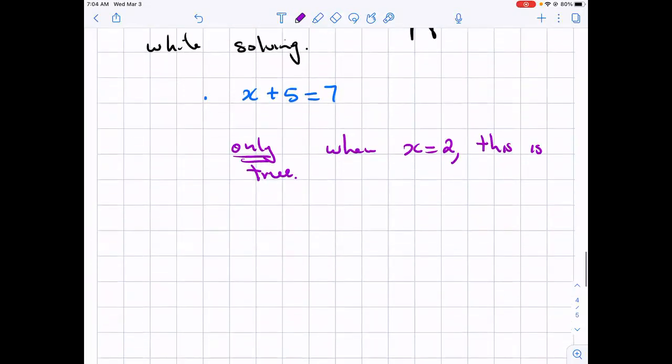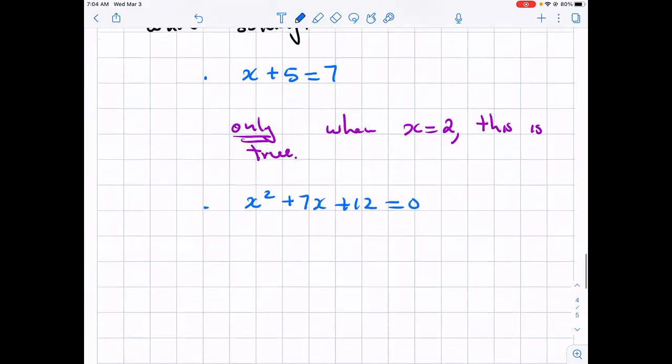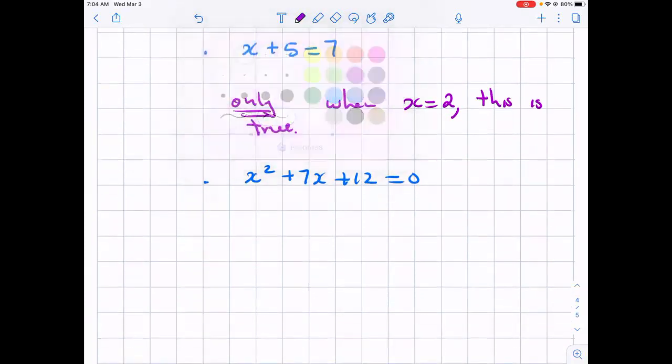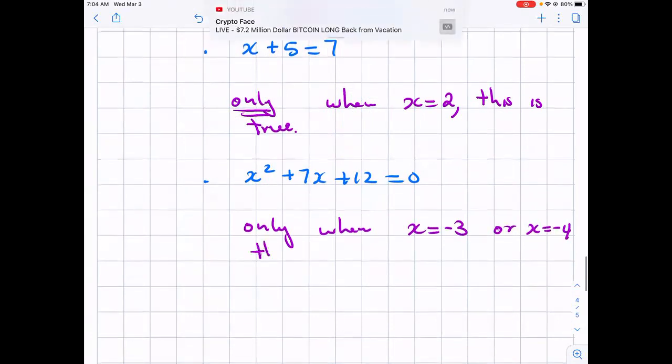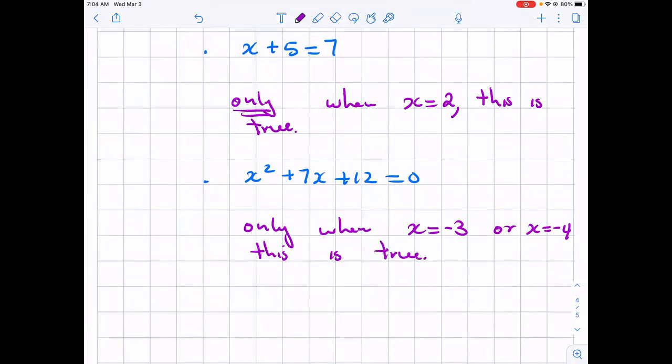Another example is if I have x squared plus 7x plus 12 equals 0. We can say only when x is equal to minus 3 or x is equal to minus 4 is this true.